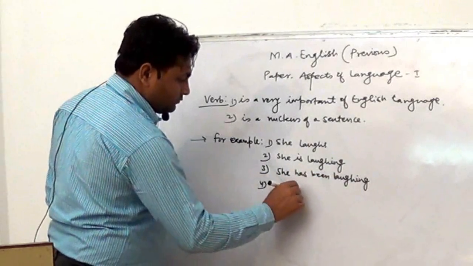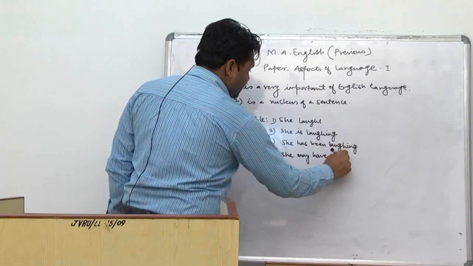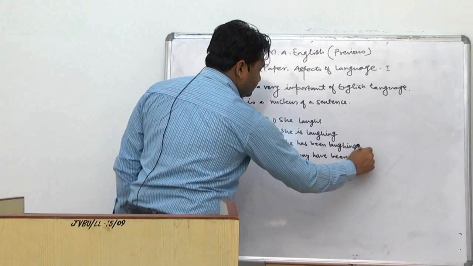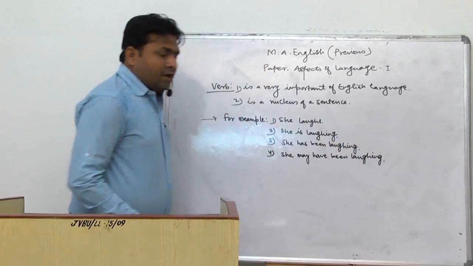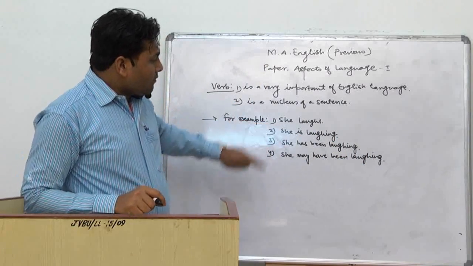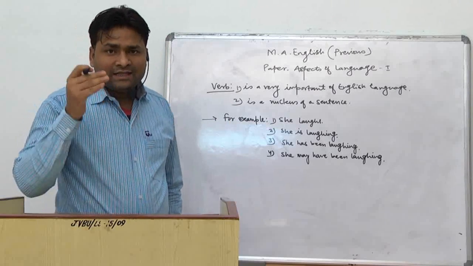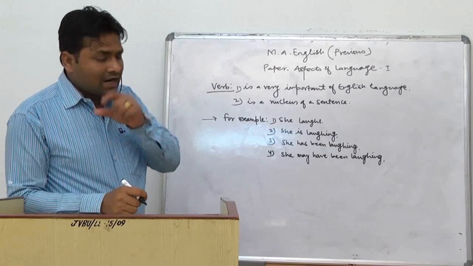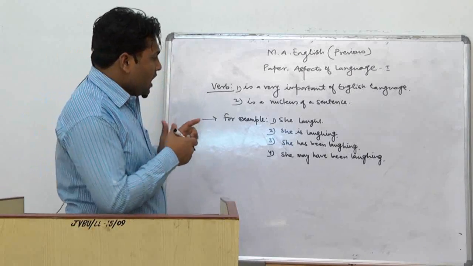Number four, she may have been laughing. Dear students, you will find that in these four examples, we have used verbs. And what are the verbs? Now I will underline the verbs, then you will have a clear picture about the verbs.